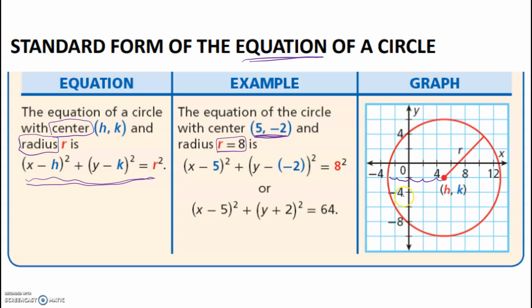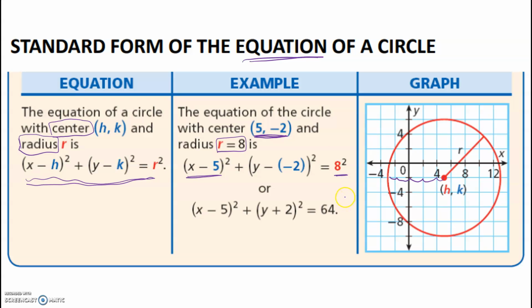Then you plug into your equation. Remember it's x minus whatever the x value is for your center point, so x minus 5 squared. And again, it's y minus whatever your y coordinate is, so y minus, in this case, -2, equals r squared, equals 8 squared.